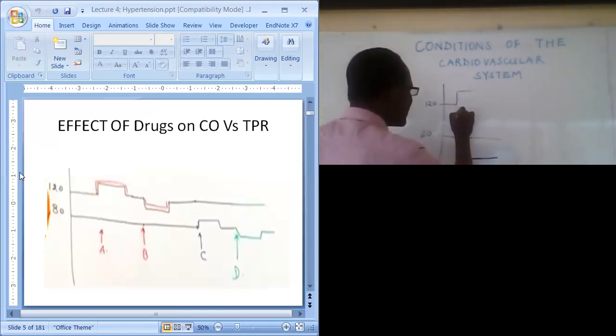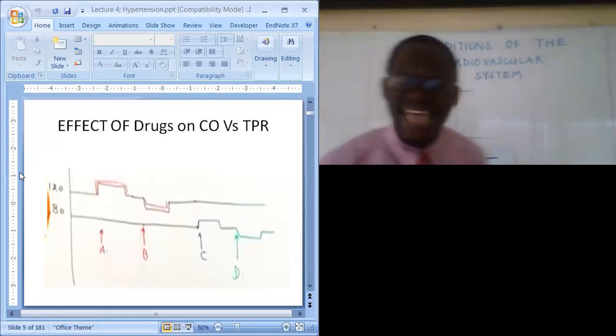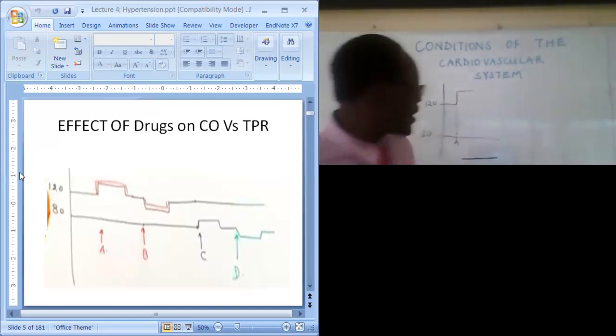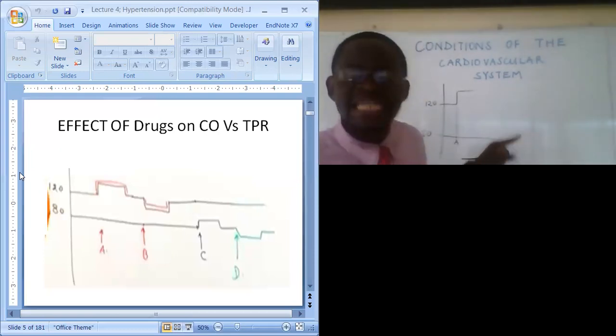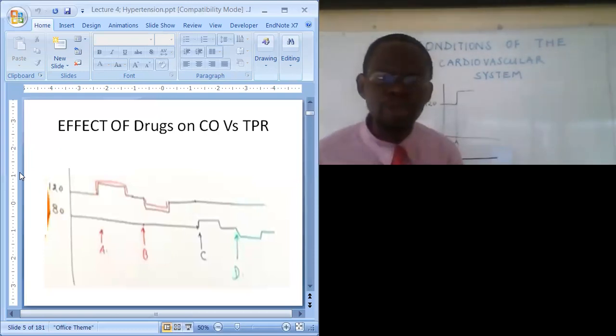So it basically means that this drug A, what has it actually done? This drug A basically increases the cardiac output.